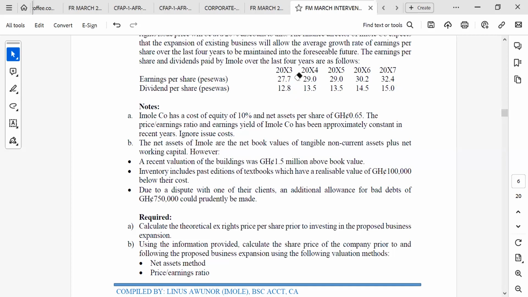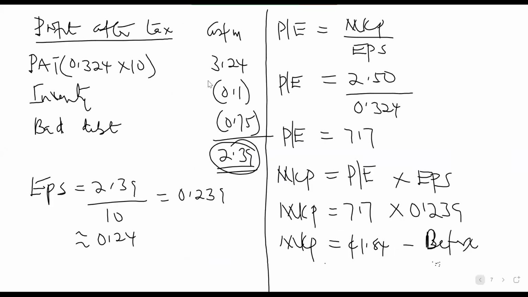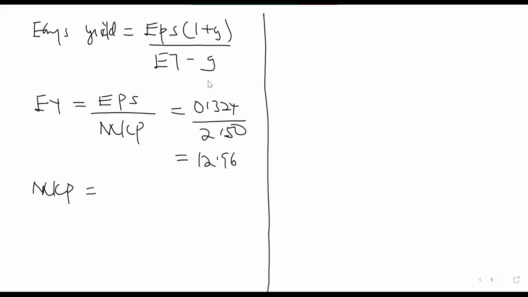Though this question is somehow complicated, it will bring all the necessary issues that we have to understand. So what we do now is we use our earnings for this year, which is the adjusted one. Our market price per share will be calculated from the earnings that we have calculated this year, which is 0.239.